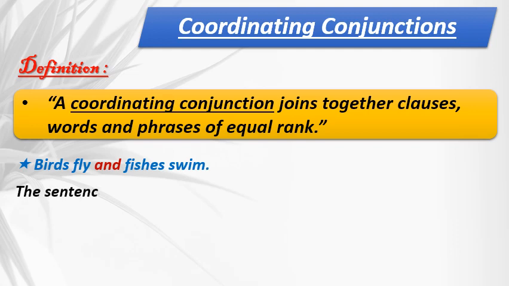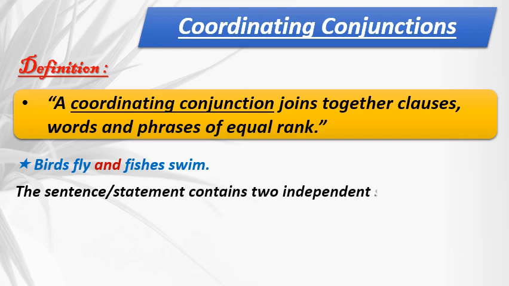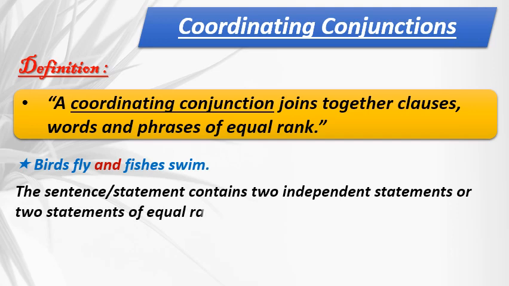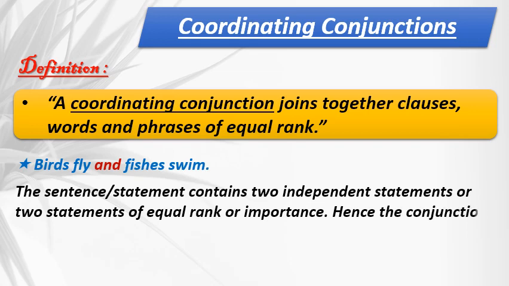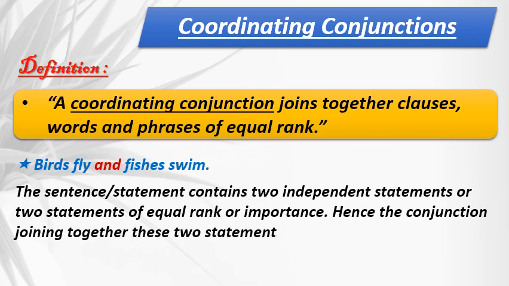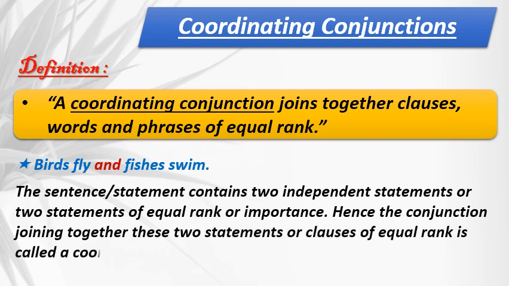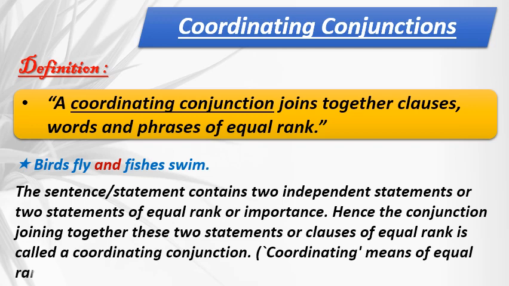So, the sentence contains two independent statements of equal rank or importance. Hence, the conjunction joining together these two clauses of equal rank is called a coordinating conjunction, or coordinating means of equal rank or order.